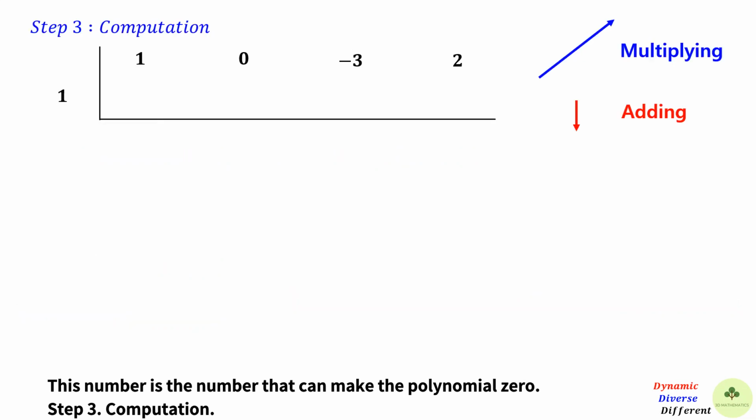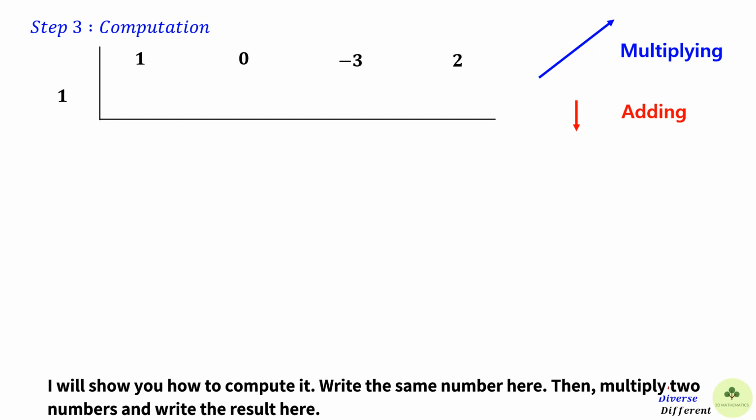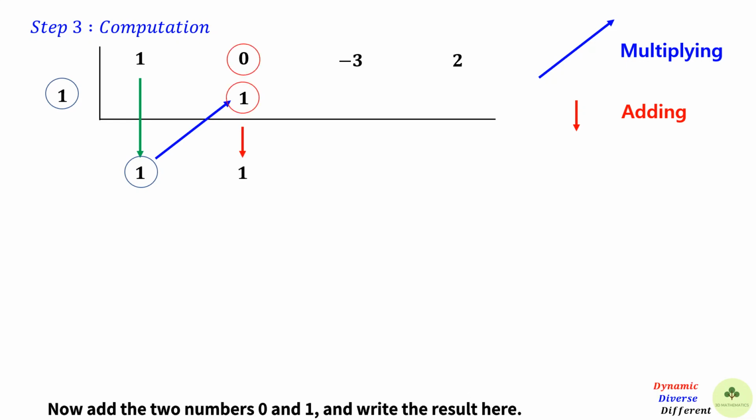Step 3. Computation. I will show you how to compute it. Write the same number here. Then multiply two numbers and write the result here. Now add the two numbers 0 and 1 and write the result here.